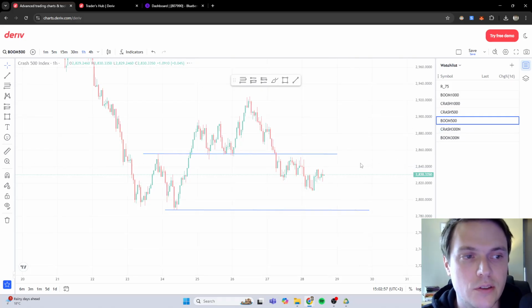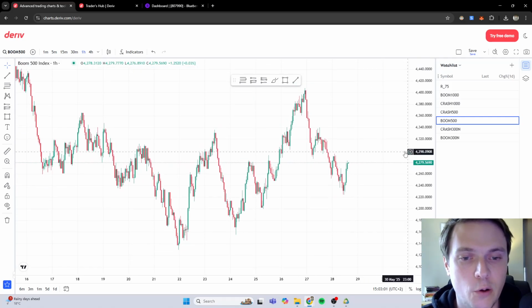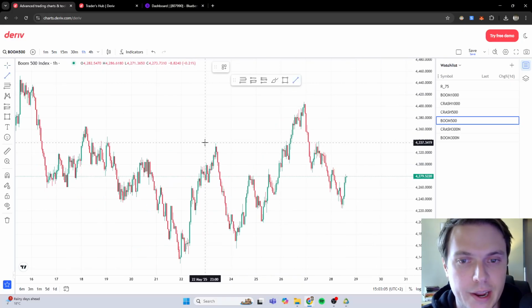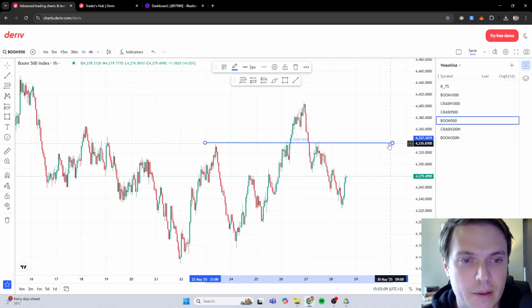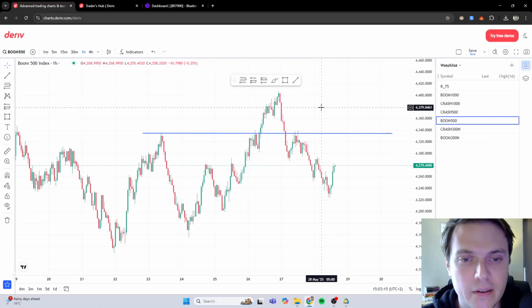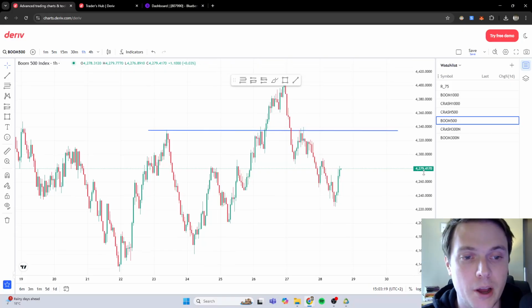If we go into Boom 500, let's quickly look at what Boom 500 has in store for us. Wow, Boom 500 also looks like a trade that we missed by a few hours. If I place my line there, it broke the high there, so we are in a bullish move again. It needs to break all these big lows here before we go bearish again.